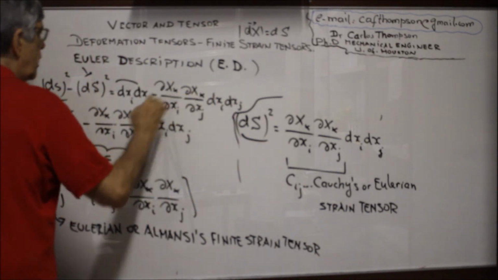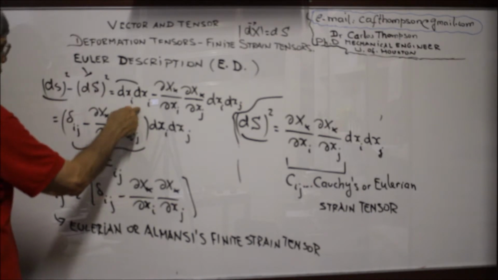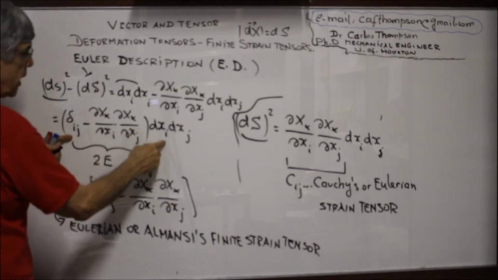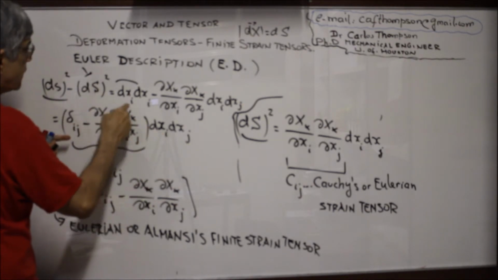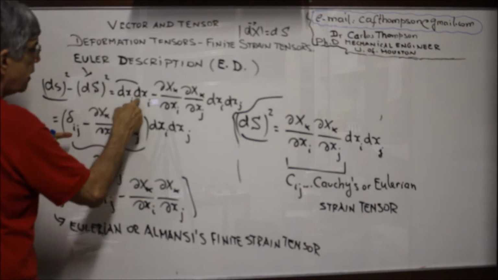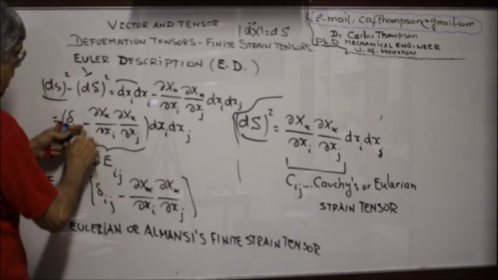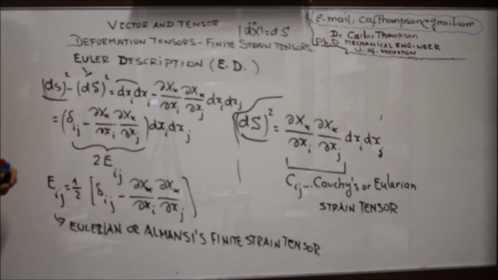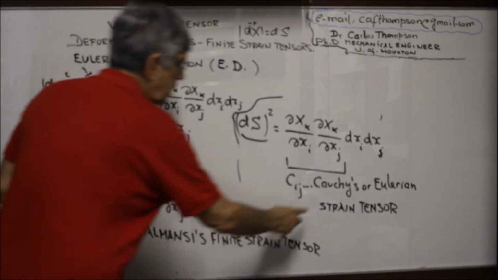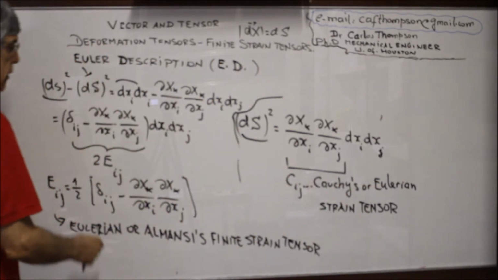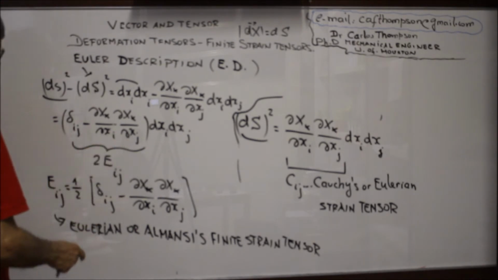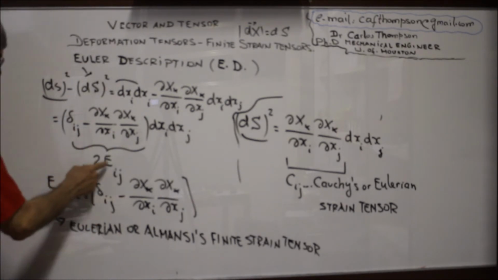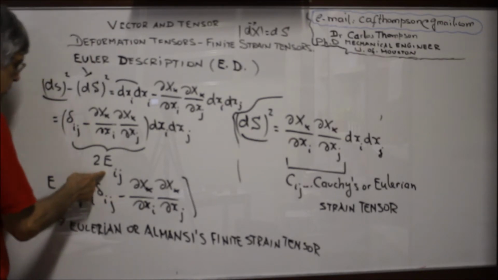Now you use the Kronecker delta ij, that's i, that's j, so it is the same as dxi times dxi. You see, minus, now there's a Cauchy's or Eulerian strain tensor right here. Now let's call this 2 times Eij, E as Eulerian, okay?